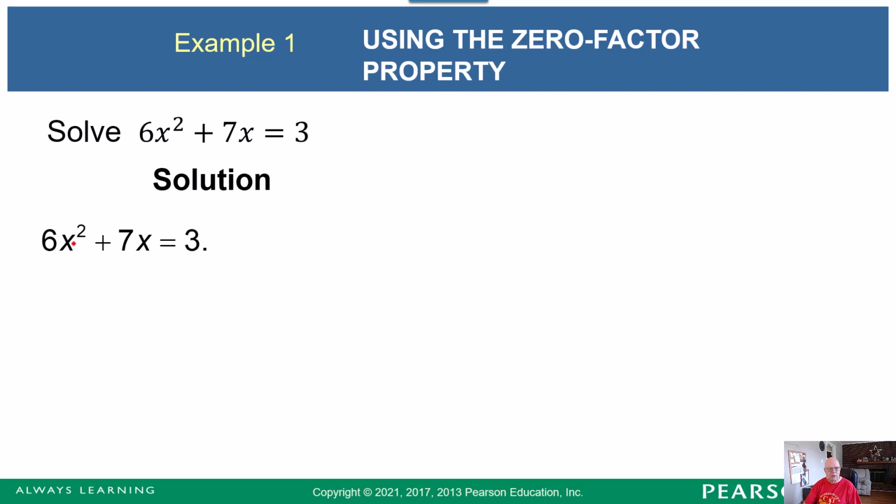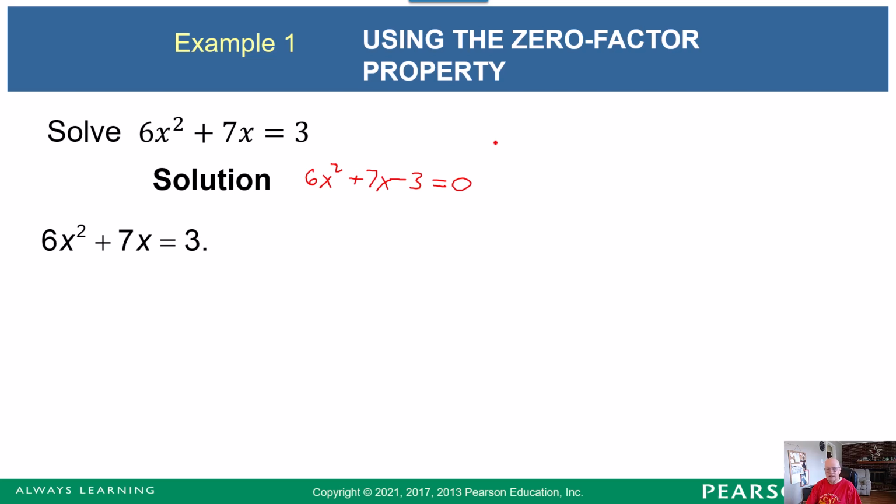Here we go. Now notice this isn't in standard form, so we'll fix that. 6x squared plus 7x minus 3 equals 0. There we got it in standard form. Now, it says zero factor property, so we'll have to factor this.